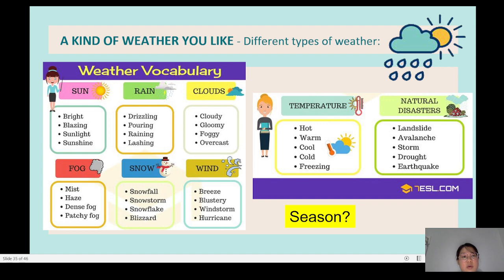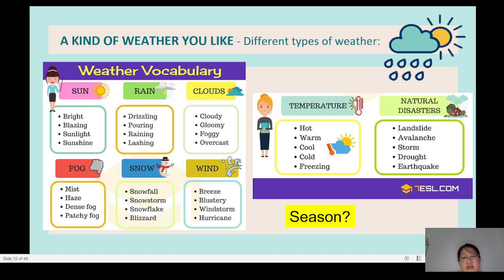For the sun, we have the words bright, blazing, sunlight, or sunshine. On rainy days, we have drizzling, pouring, raining, or lashing. On cloudy days, there is cloudy, gloomy, or overcast. And on foggy days, it can be mist, haze, dense fog, or patchy fog.